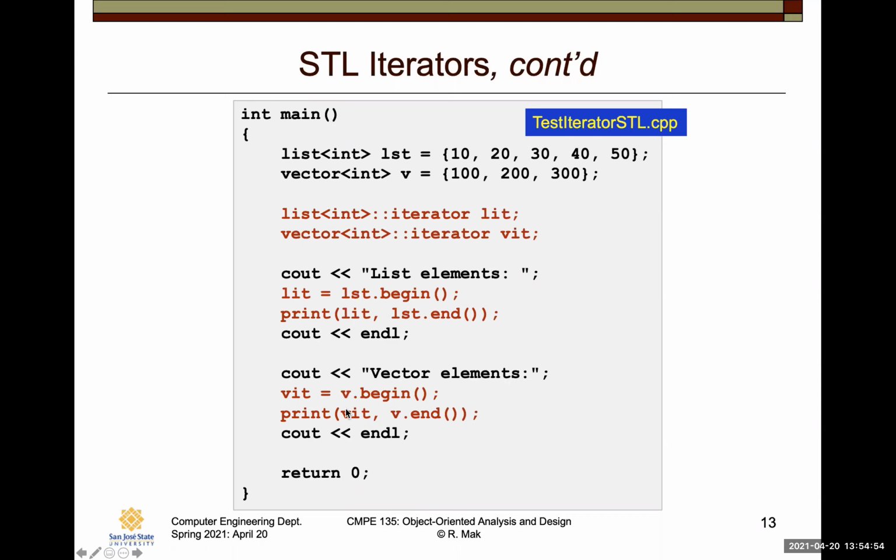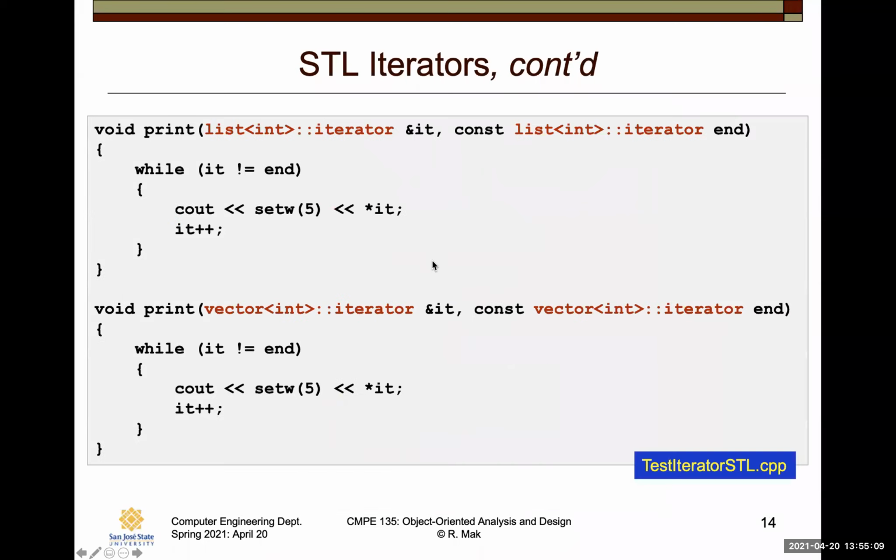Now, LIT and VIT are two different data types, right? LIT is a list iterator and VIT is a vector iterator. So guess what? I need two functions. This is the print function for a list iterator.